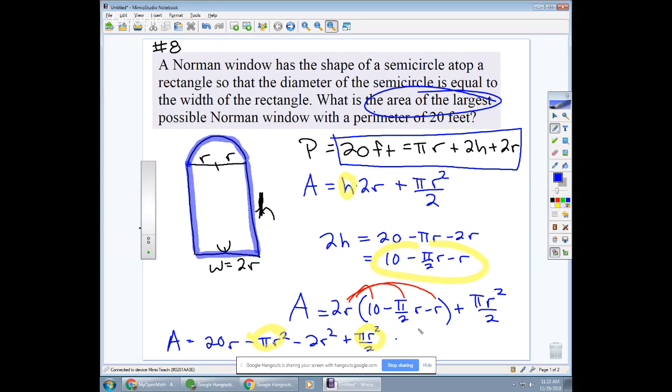So this is equal to 20r minus pi r squared over 2 minus 2r squared. And we could factor the r squared out of that if we wanted to. Do we want to? No. Just leave it. Okay, we'll just leave it. So now we've got down to a function of a single variable, r, and we're ready to differentiate with respect to r.